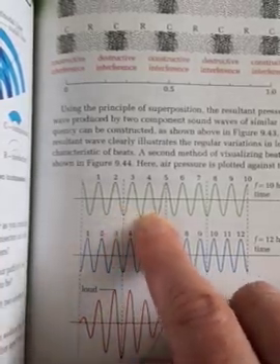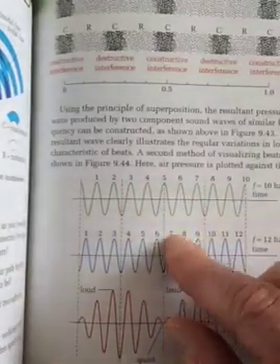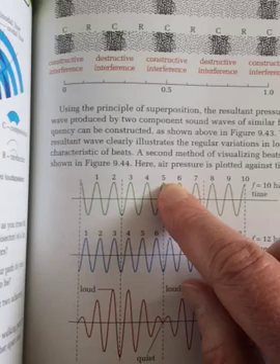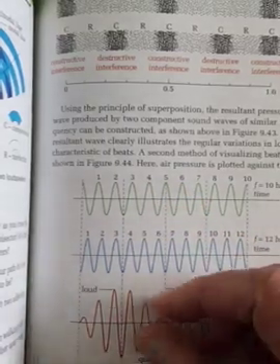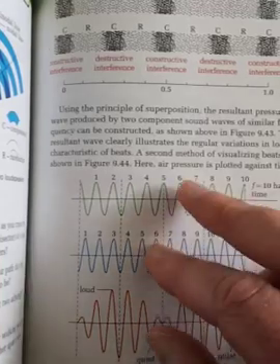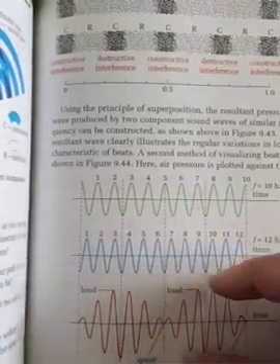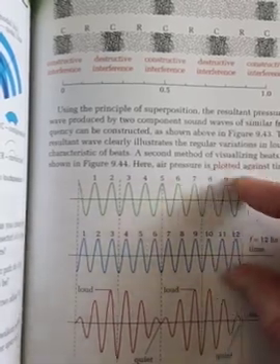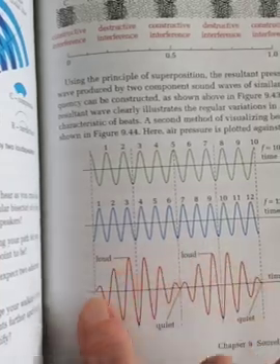But then as it goes along again, because they're not quite the same frequency, they go out of phase again. So here at crest number 5 in the green one, they are now out of phase and you get very little sound again. Time goes on, they go back in phase again and you get a large crest and trough, and then out of phase. And so these are what beats look like.